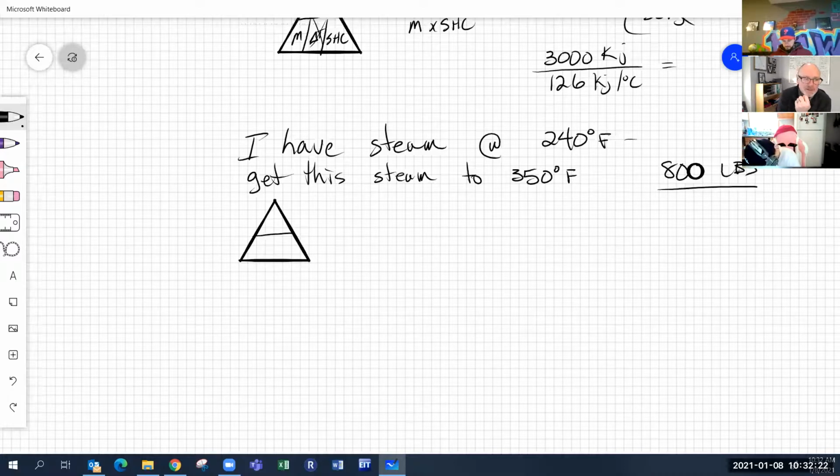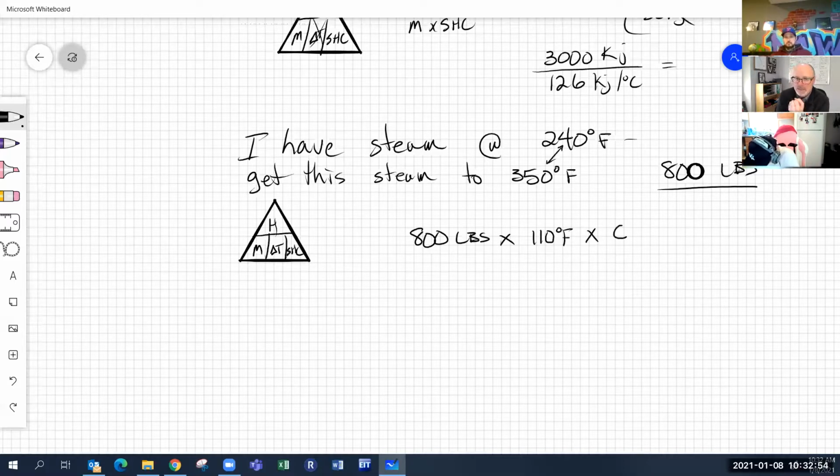Okay. So the heat is equal to the mass times the delta T times the specific heat capacity. So we have 800 pounds of steam. And I'm going to multiply that by my delta T. My delta T right here is 110 degrees Fahrenheit. And I'm going to multiply that by the specific heat capacity of steam.